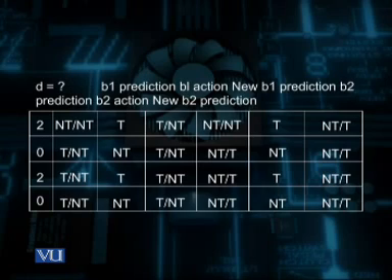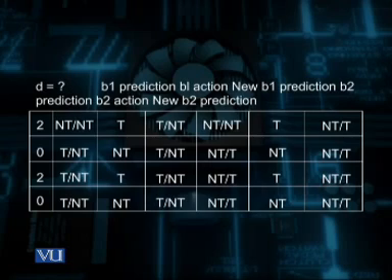Here you can see that the prediction bits not taken / not taken mean that the new prediction if the last branch was not taken is not taken, and the new prediction if the last branch was taken is also not taken.